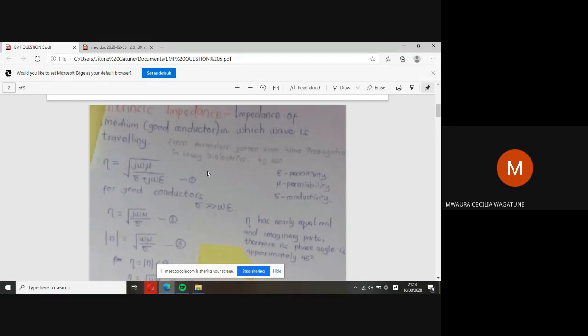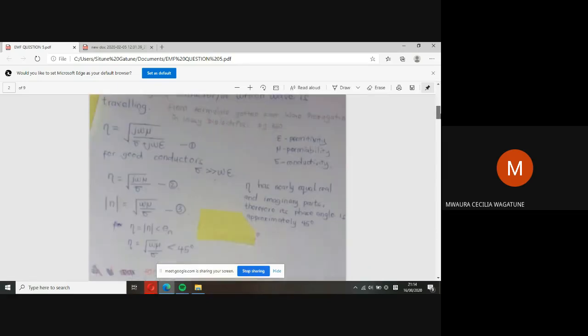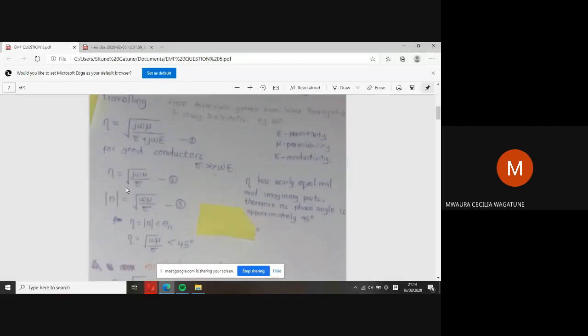So we know for good conductors, conductivity is much, much greater than omega E. With that being said, N will be J omega mu over conductivity. So that's the first formula for intrinsic impedance. To find the absolute, it's the square root of omega mu over conductivity.